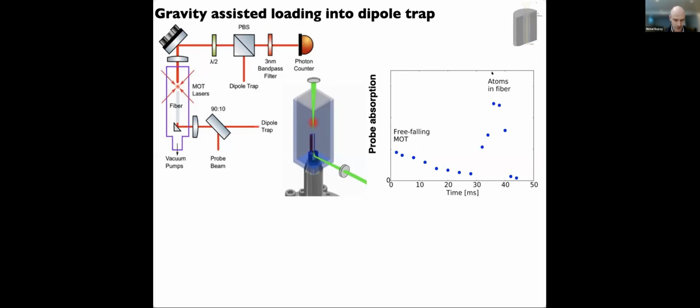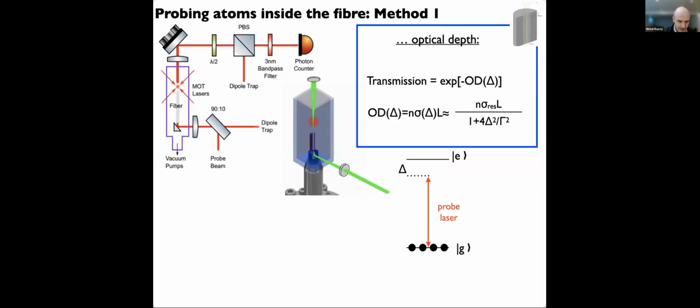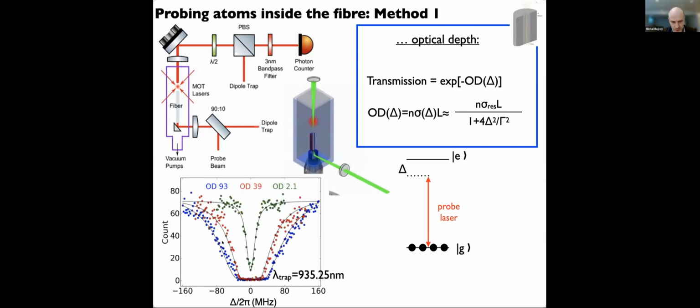So this is a proof that your atoms are sitting in the fiber, and then we can scan our probe laser across, say, a two-level resonance of the atoms, and depending on our loading efficiency, we can see optical depths that range from unity up to about 100, but we haven't tried any very fancy loading scheme, so we still hope to push it up by a factor of 1 or 2. But the interesting point is that 200 atoms in our waveguide give you an optical depth of approximately 1.